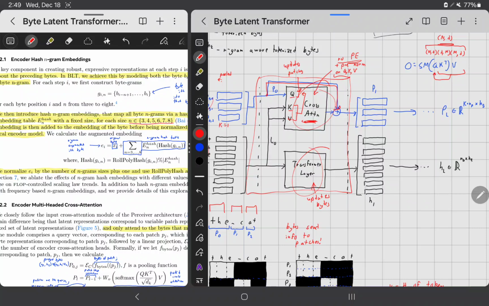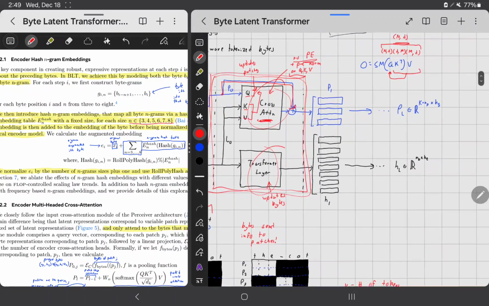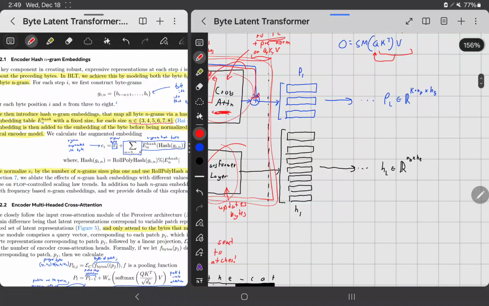We'll look at what they do maybe later. But basically you take this as your block, and you stack it a few times. And this is your encoding. So your output will be an encoded representation of your bytes in some way, where the bytes are talking to each other, and sending information to your patches, where your patches are now byte-informed information.